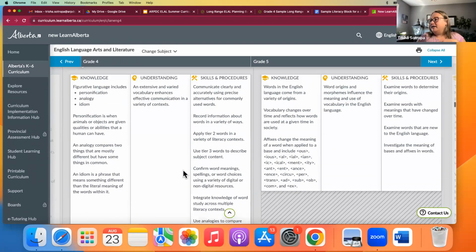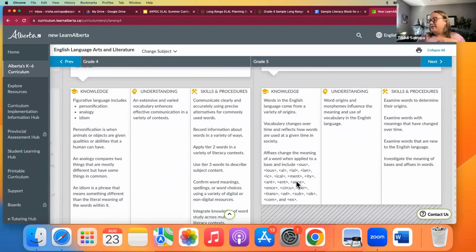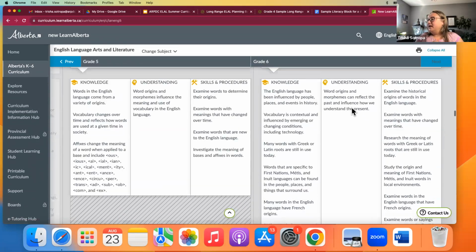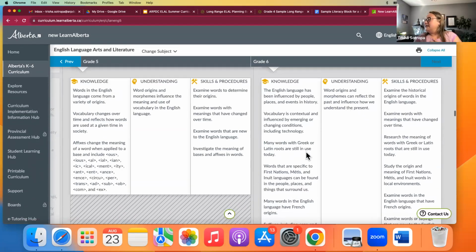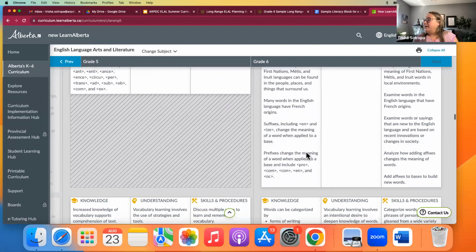And then in grade 5, all of these are mentioned. So look under vocabulary, and the grade 6 ones, let's see which row. Okay, so EN, IZE, pro, com, con, and OC.